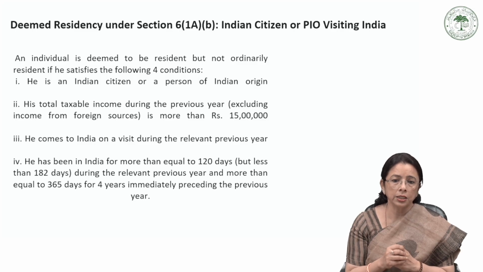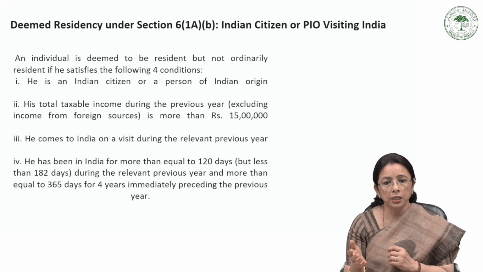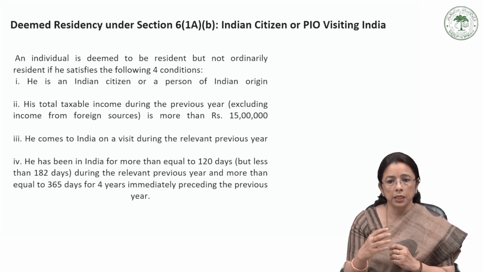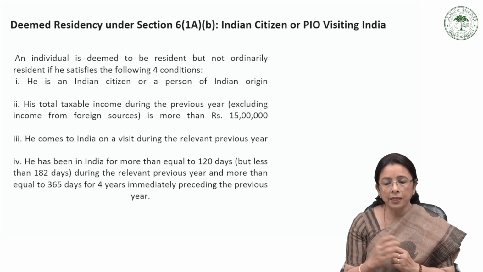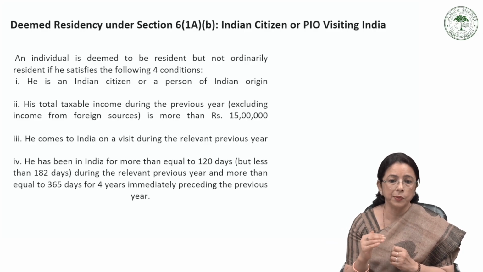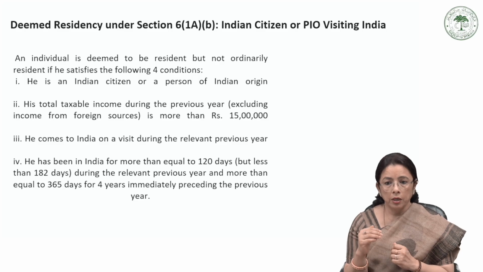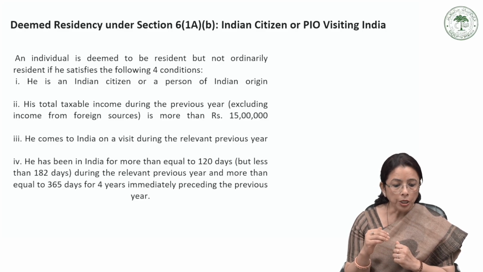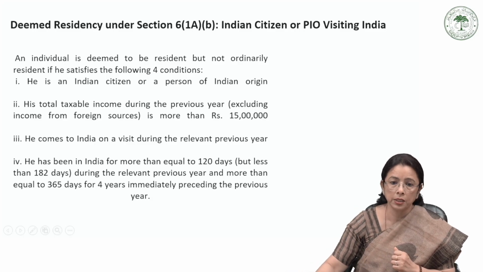Third, he comes to India on a visit during the relevant previous year, and he stays in India during that year for 120 days or more, but less than 182 days, and he has been in India for 365 days or more during the 4 years immediately preceding that previous year. So these are the four conditions needed to satisfy this.